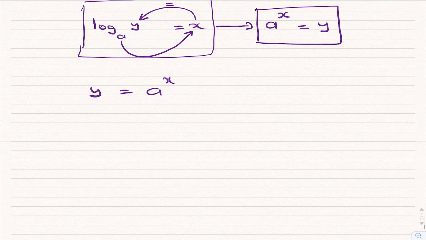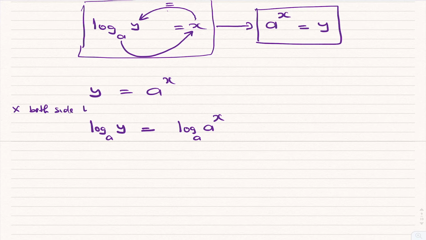So I'll say log of base a of y equals log of base a of a to the power of x. So all I did was multiply both sides by log of base a. And that's what I get.